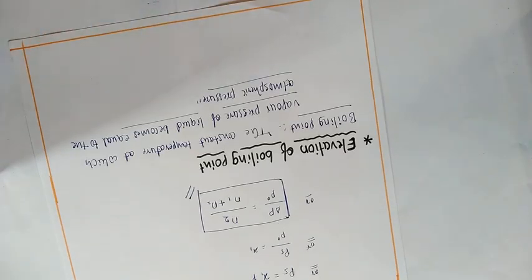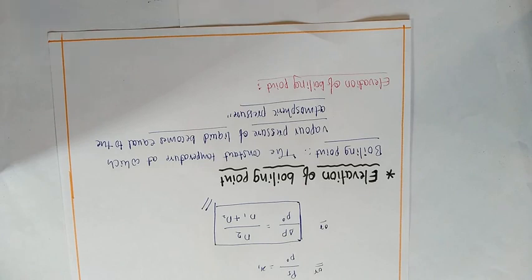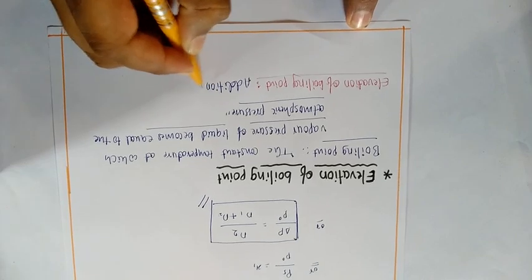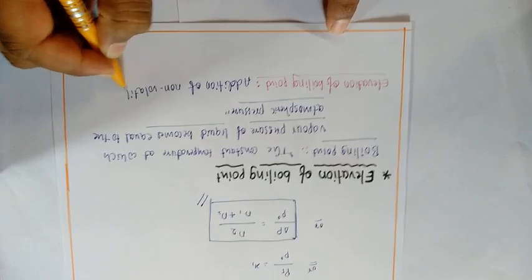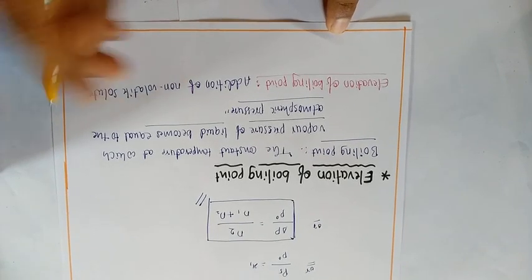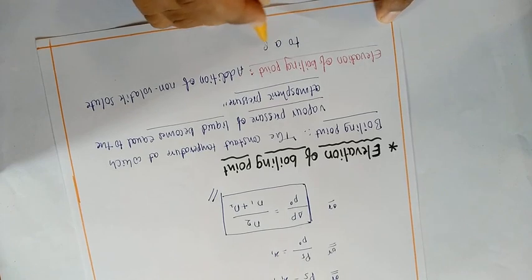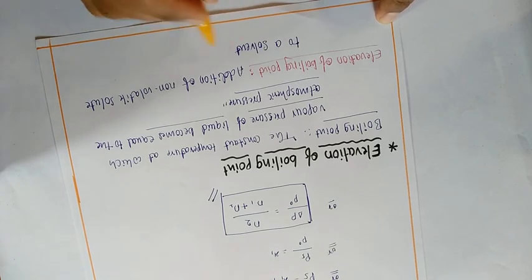Elevation of boiling point means addition of a non-volatile solute to a solvent lowers the vapor pressure and increases its boiling point. The definition: addition of a non-volatile solute to a solvent lowers the vapor pressure.